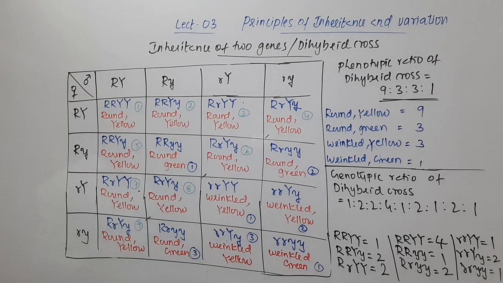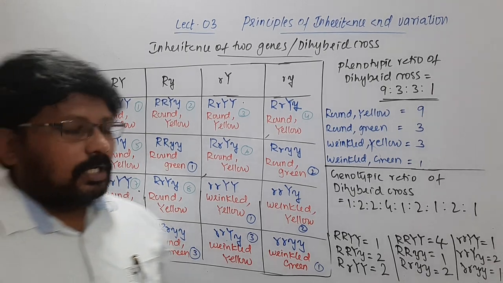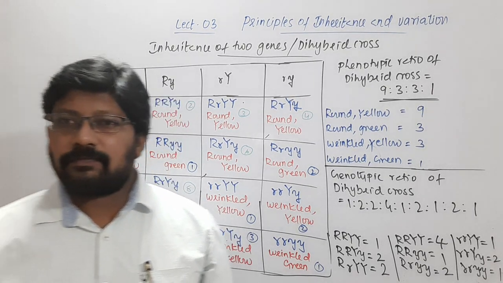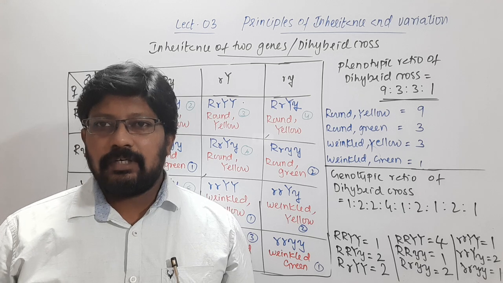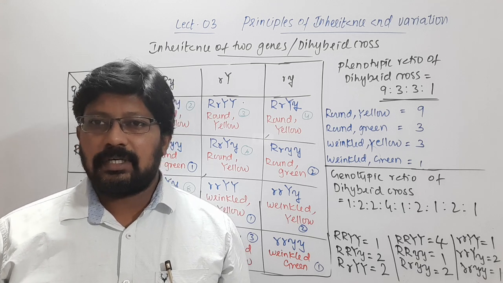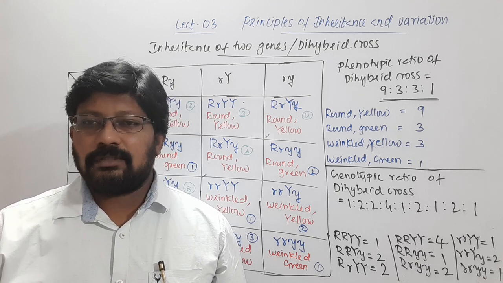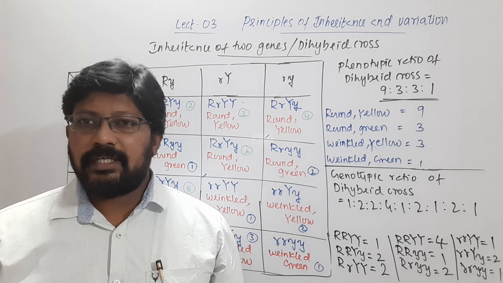So this is all about the inheritance of two genes, or dihybrid cross. My question is: find out the phenotypic and genotypic ratios in the case of a dihybrid test cross.